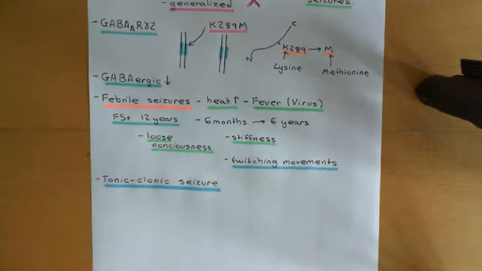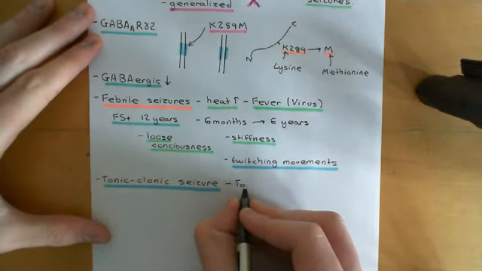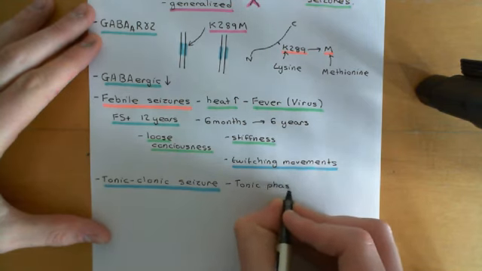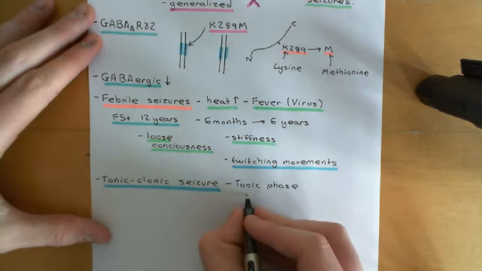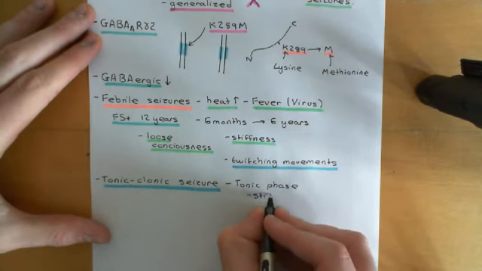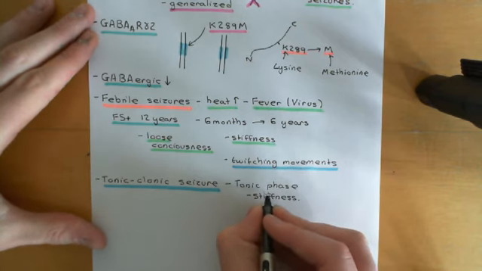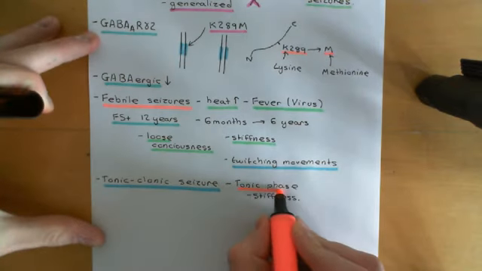The reason it's called a tonic-clonic seizure is that it can be divided up into 2 phases. There is the tonic phase, and in the tonic phase, again, you lose consciousness and you become stiff. That is why it's called the tonic phase, because muscle tone is going up. Stiffness and losing consciousness.